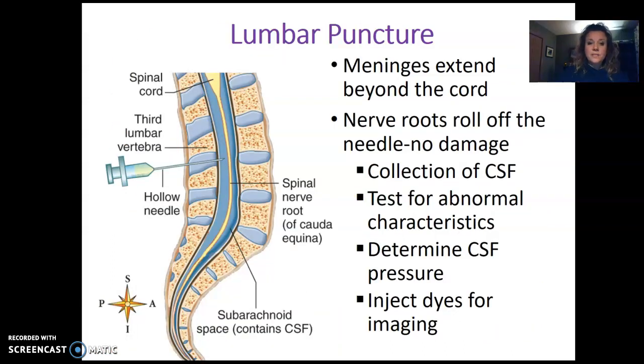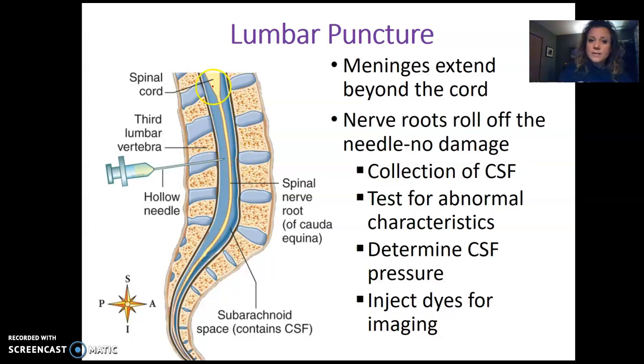All right, so this is a picture of a lumbar puncture. And remember again that the meninges extend beyond the spinal cord itself. And so in the lumbar portion of our spine, here's the third lumbar vertebra and then the fourth one. And this is the space that's in between the two vertebrae. And what they're doing is they're inserting a needle here.